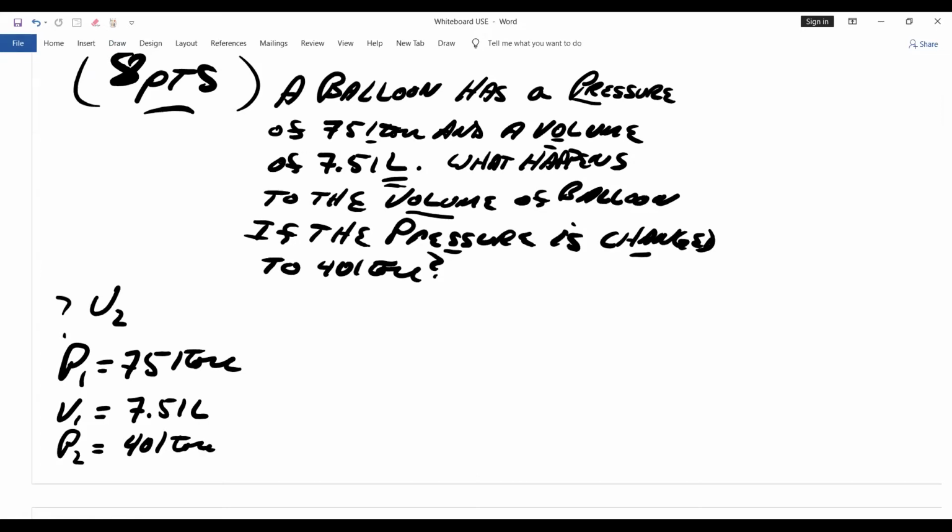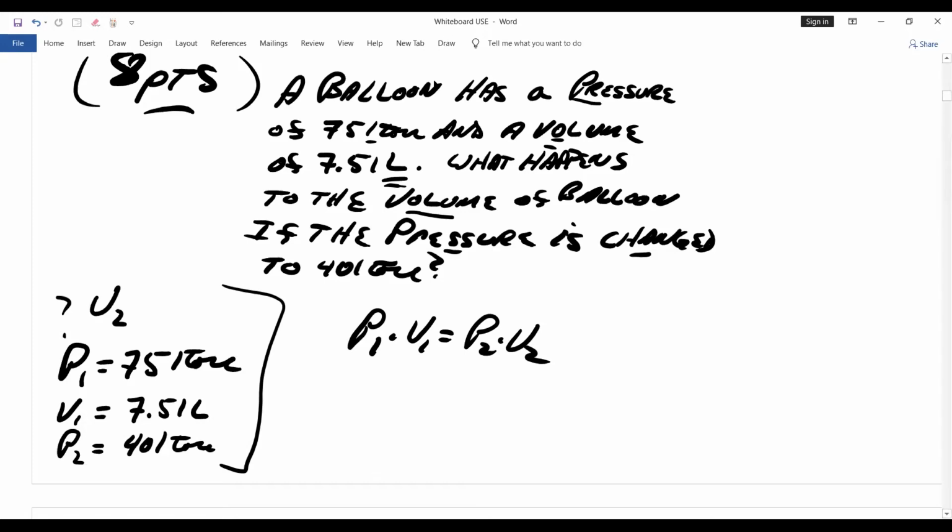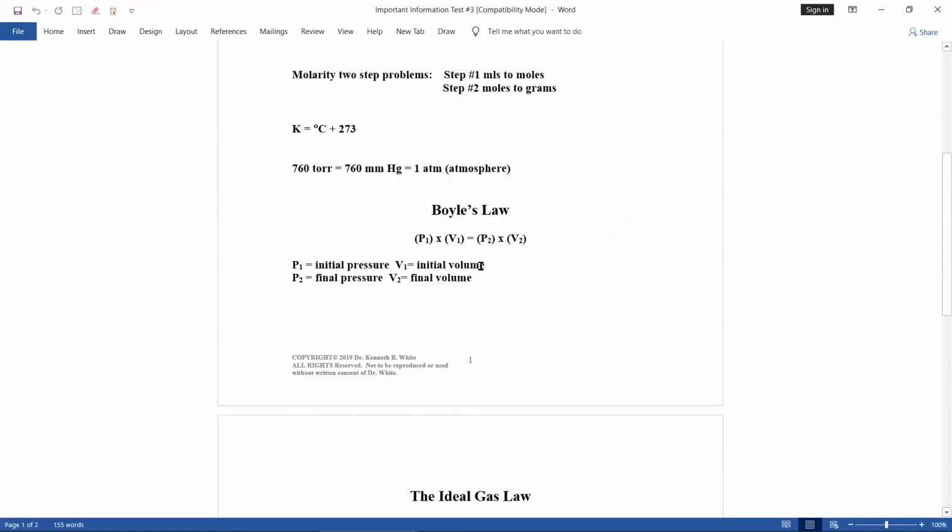As soon as you see volume and pressure, I know Boyle's law, P1 times V1 equals P2 times V2. What are P1, V1, P2, and V2? Good question. And if you look at important information, P1 is the initial pressure, V1 is the initial volume, P2 is the final pressure, V2 is the final volume.